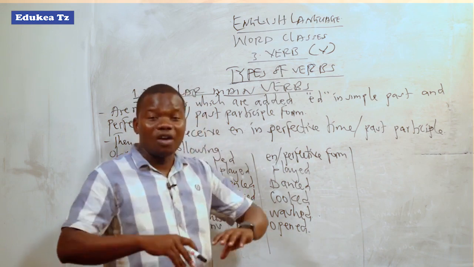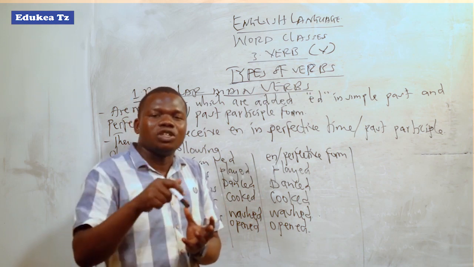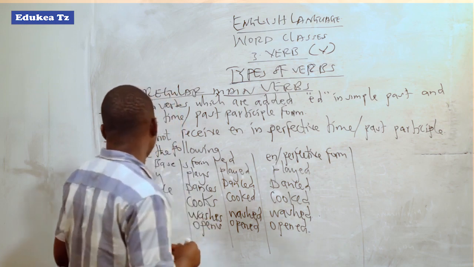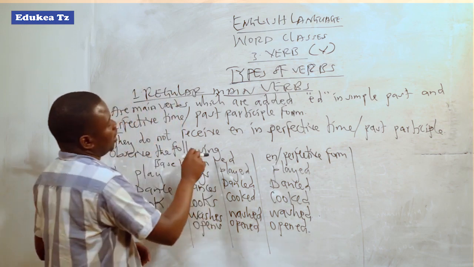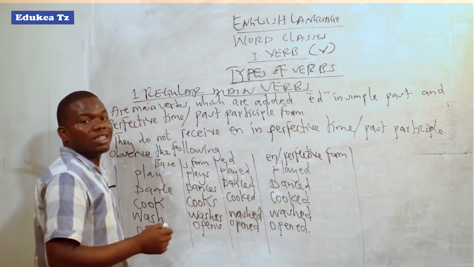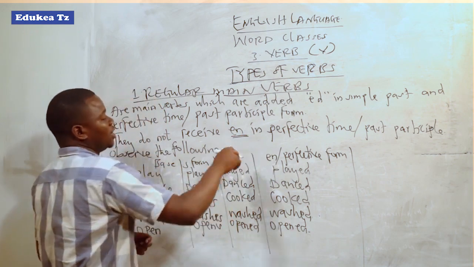That's to say, they have a regular shape, and this shape allows them to be added ed, and they do not receive en in perfective time. That is to say, the en form remains ed.